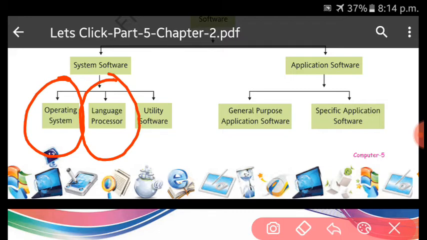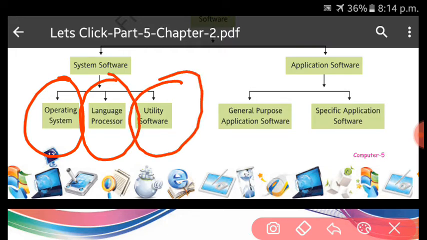For that we need the language processor. Remember, our computer only understands the binary language, but we give the instructions in English. So to convert from simple English to the machine language, we use language processors. Remember, it is system software.